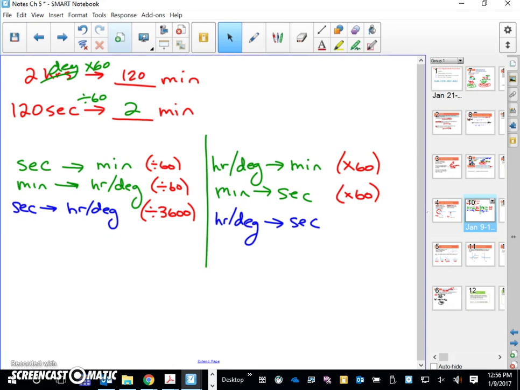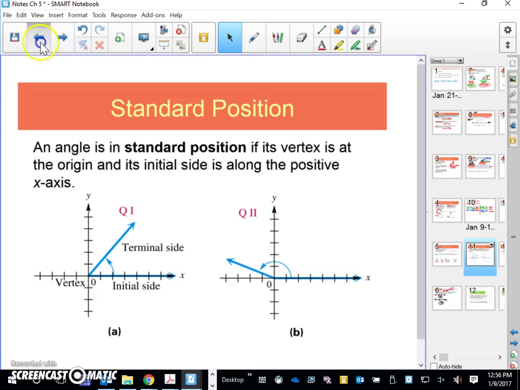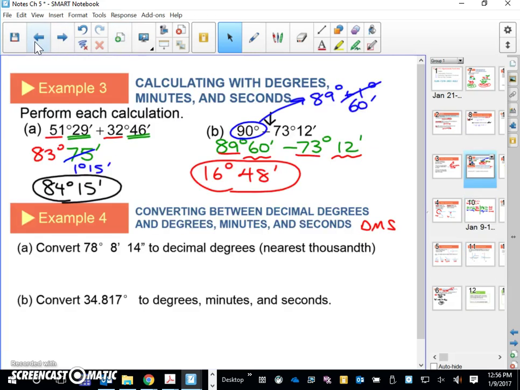I'd have to multiply by 3,600. That's really it. When we do one of these conversions, the hardest part of today's lesson is going to be one of those things: divide by 60, times 60, or divide by 3,600, times 3,600. So keep that out. Maybe that'll help you when you have to do one of these problems on example 4.